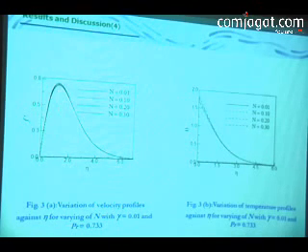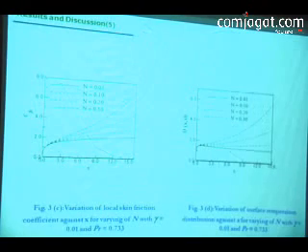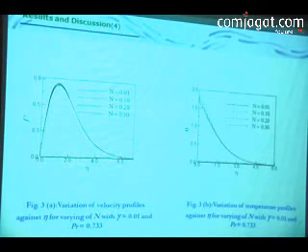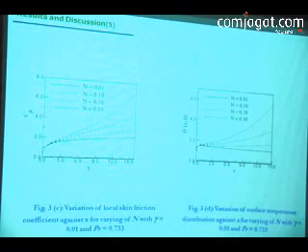Here we observe the velocity increases for the increasing values of the viscous dissipation parameter, and as a result, we observe the skin friction increases for the increasing viscous dissipation parameter, and the surface temperature increases for the increasing values of the viscous dissipation parameter.